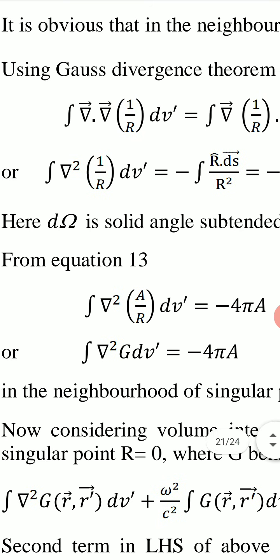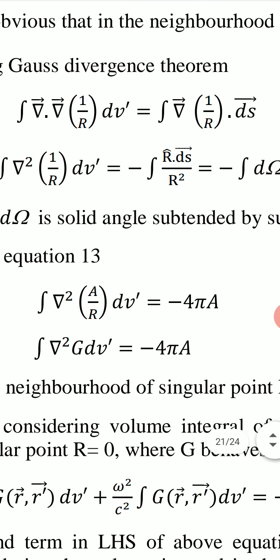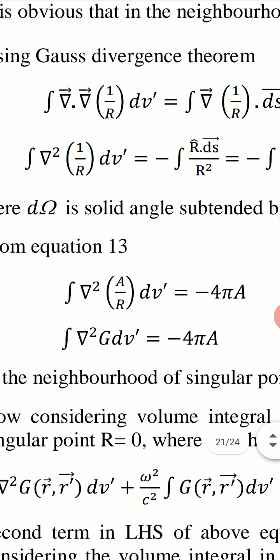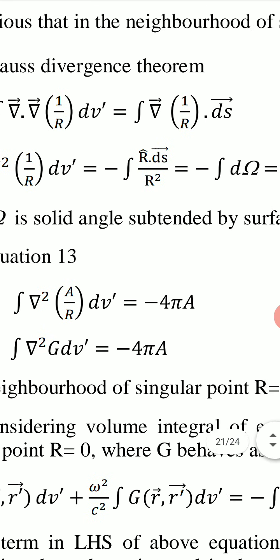Hence using this Gauss divergence theorem we convert surface integral into volume integral. Now del dot del in left hand side is del square, so it becomes del square 1 upon r dv dash equal to minus integral r cap dot ds upon r square. Del 1 upon r is gradient of 1 upon r.